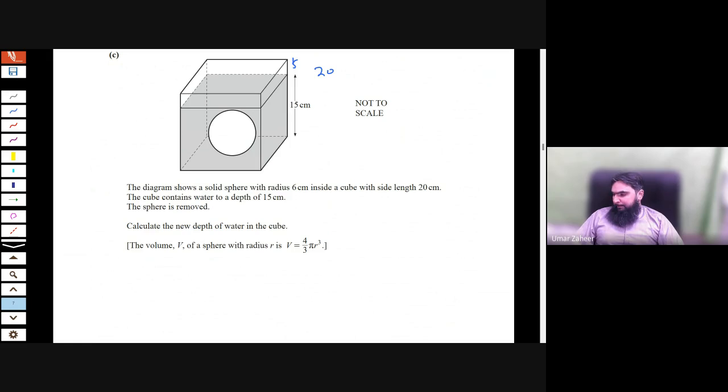All right, the sphere radius is 6 centimeters.